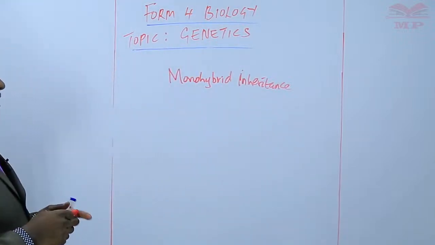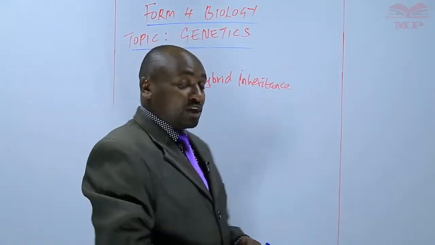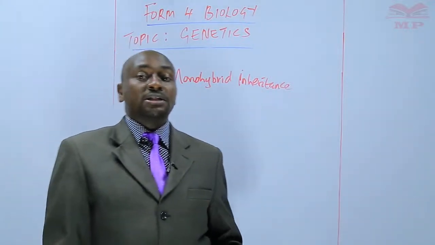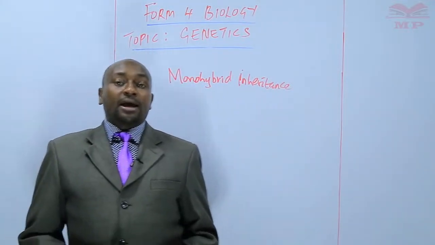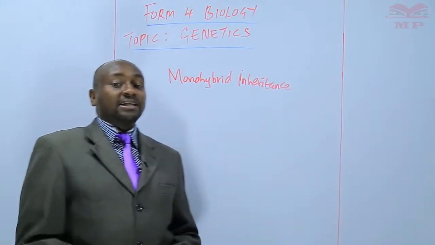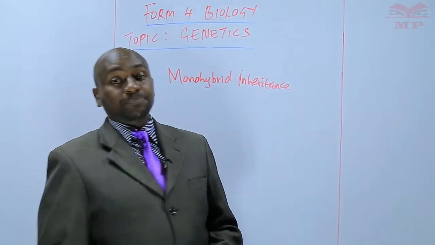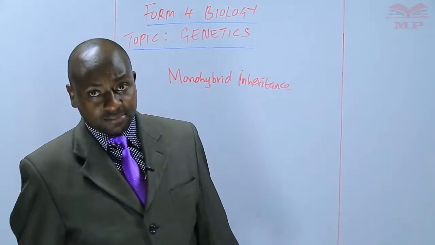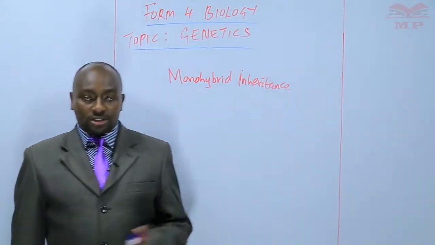Now, monohybrid inheritance is a terminology that is founded from the first law, which is the law of segregation. And this particular concept says that each particular trait is inherited independently of the other trait.